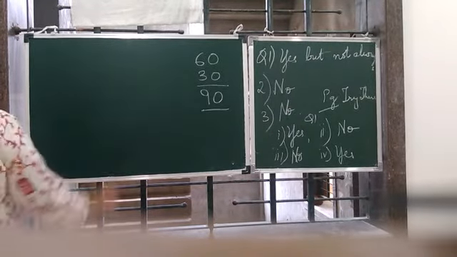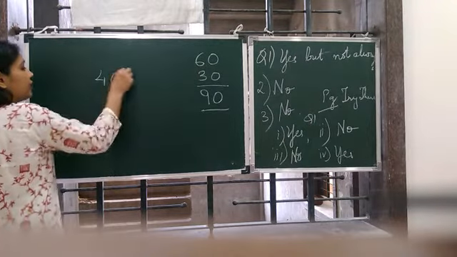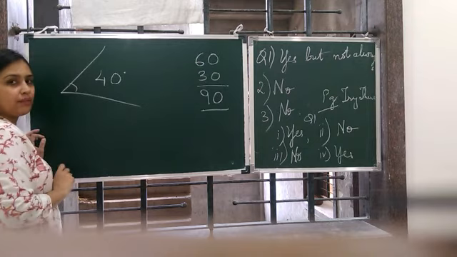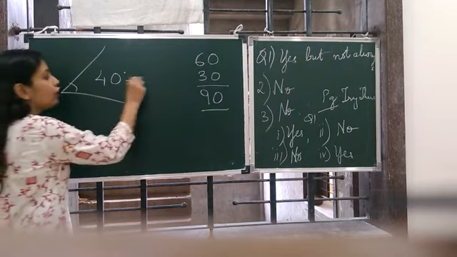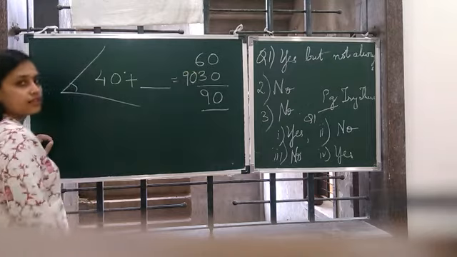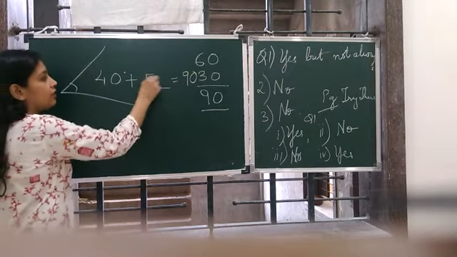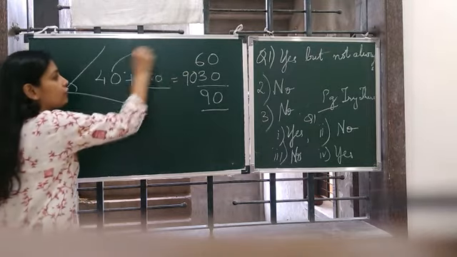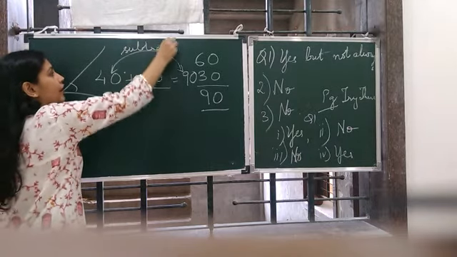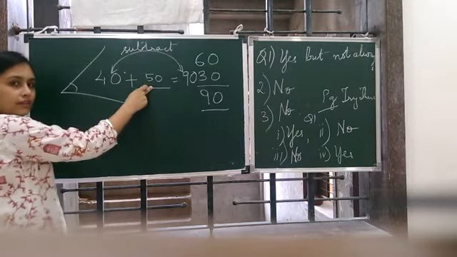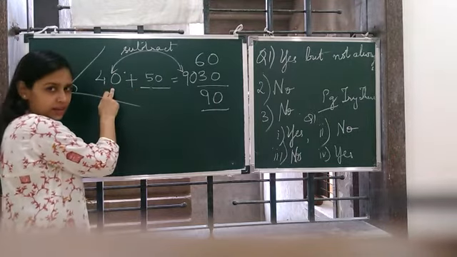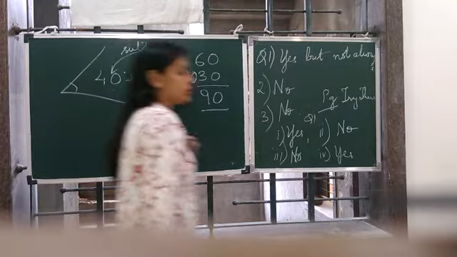Now if I say angle ABC is an angle of 40 degrees, can you find its complementary angle? What should you add to this so that it becomes 90? Very simple, 50 degrees. How will you get this? If you subtract these two, you will get 50 degrees, which is the complement of this given angle. Correct.